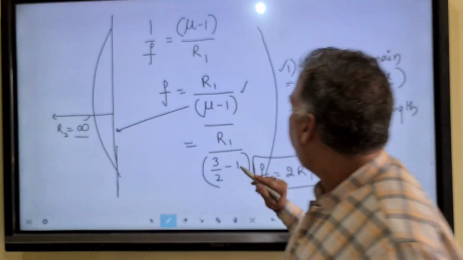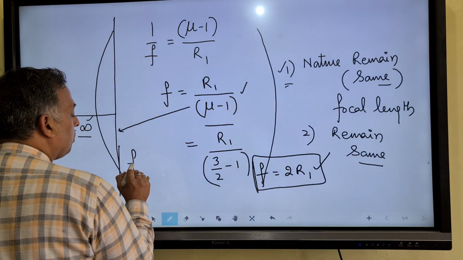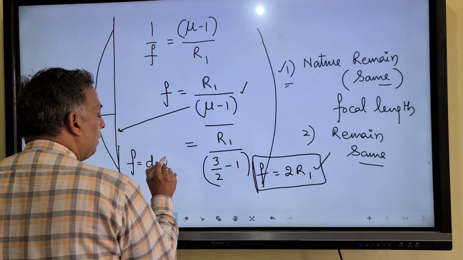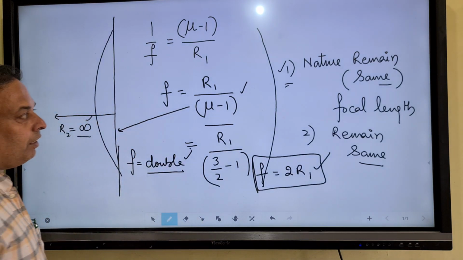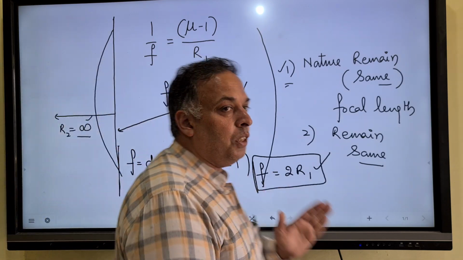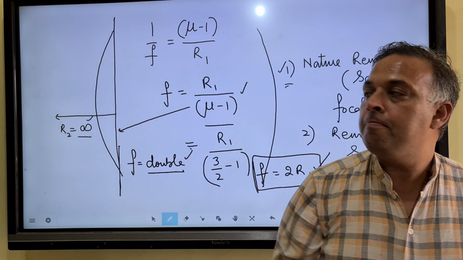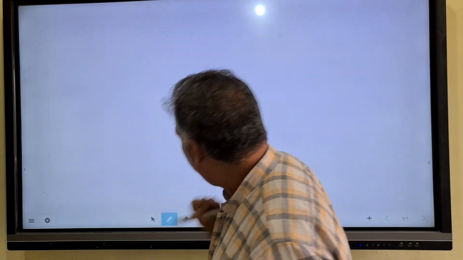So the focal length becomes double when you cut it halfway. This is one of the applications.